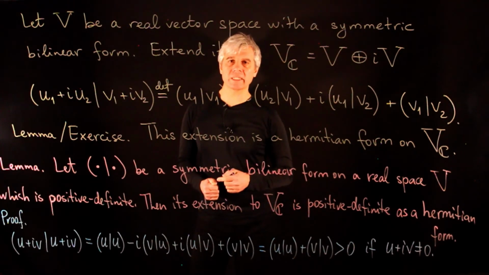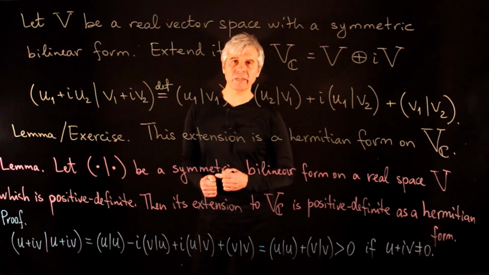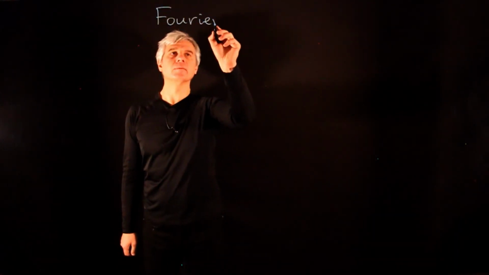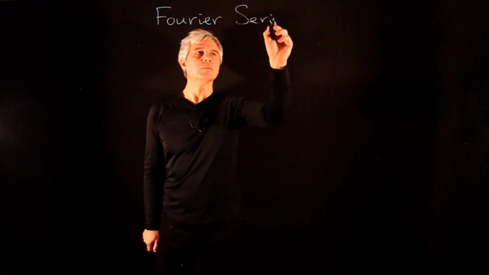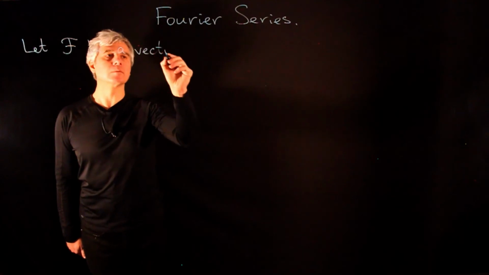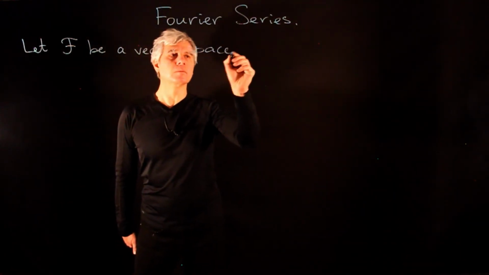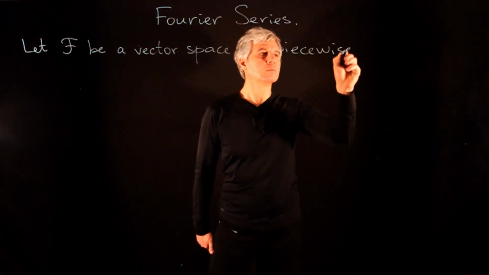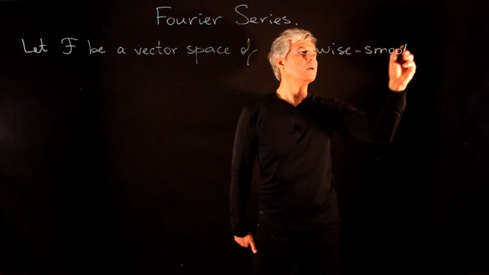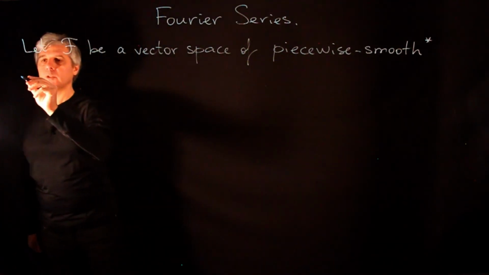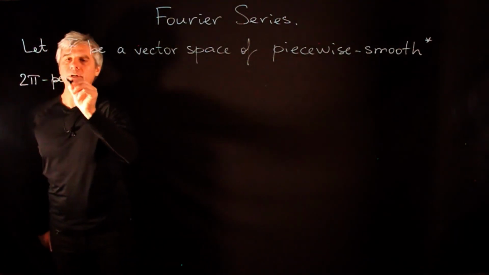Next, we're going to discuss an important application of the theory that we have developed. We're going to talk about Fourier series. Let F be a vector space of piecewise smooth, and we're going to give a precise definition a little later, 2 pi periodic functions.